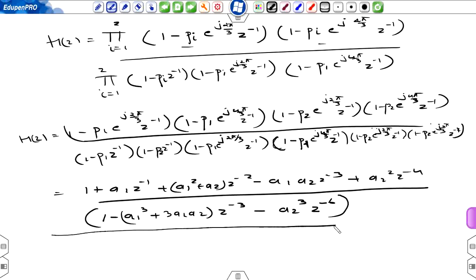Okay, so this is the three-stage pipeline.